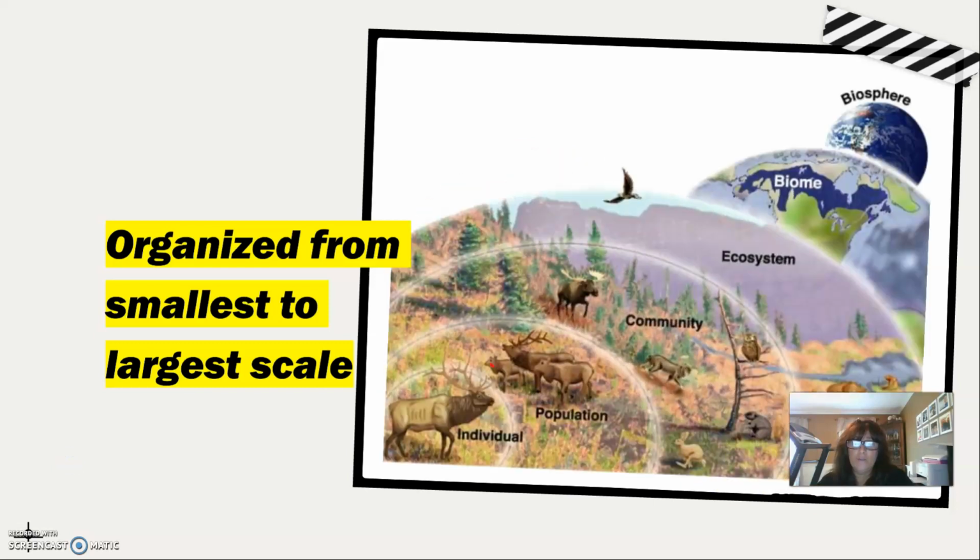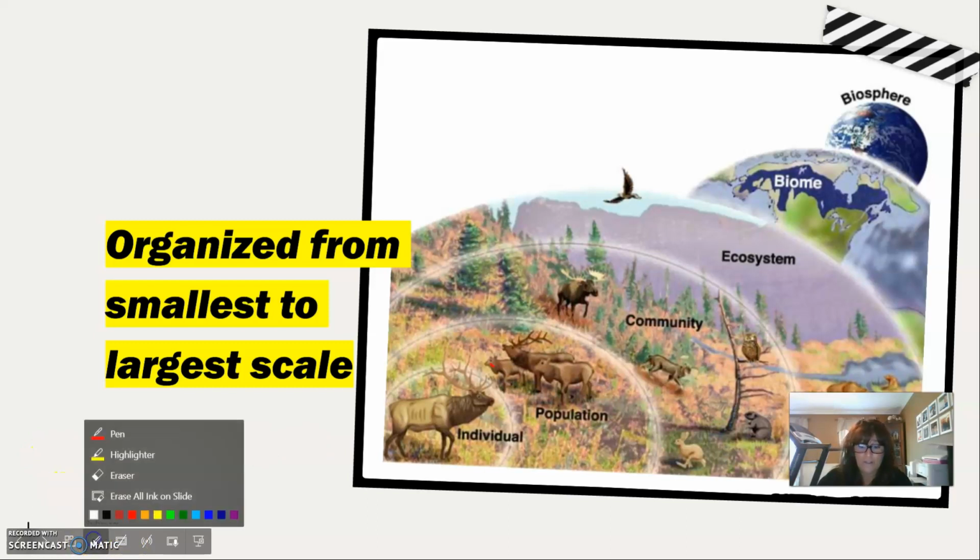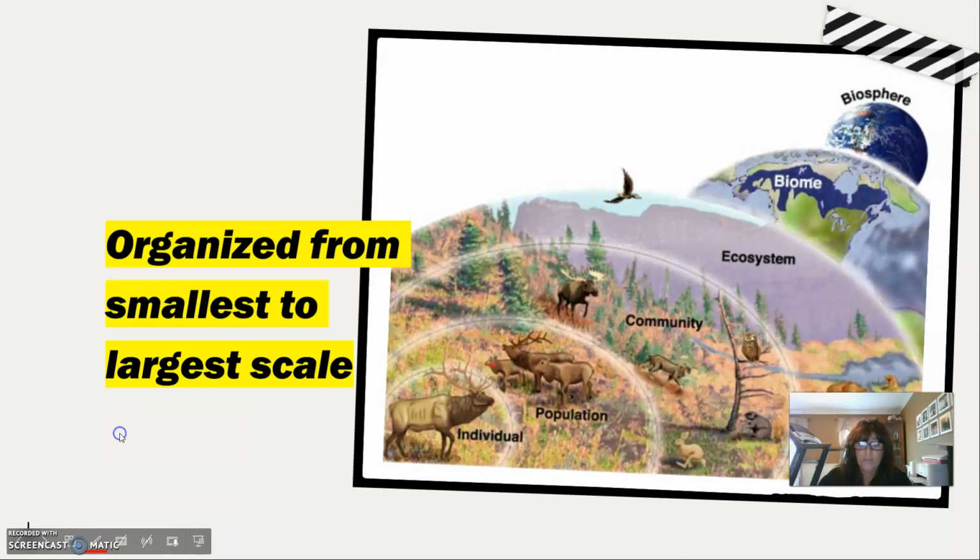All right, so if we look at this graphic here, we can see that there are a bunch of circles, and the circles get bigger and bigger, and so does the concept that these circles are depicting.